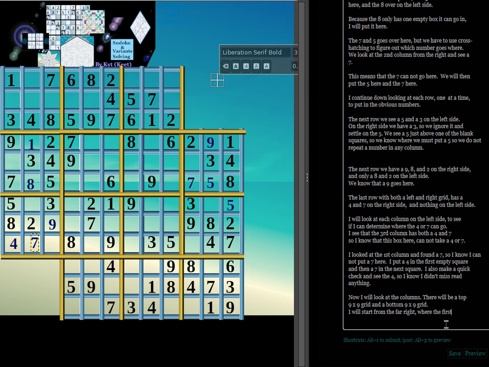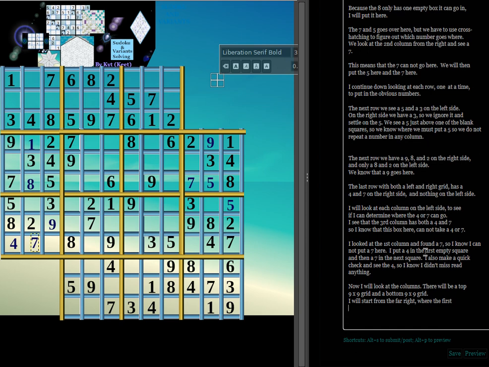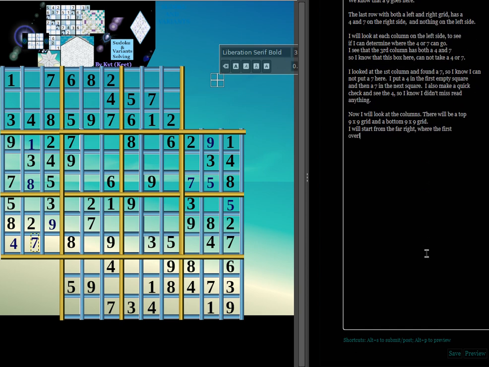Where the first overlapping column exists, I notice a 2 on top and a 9 and 8 on the bottom.